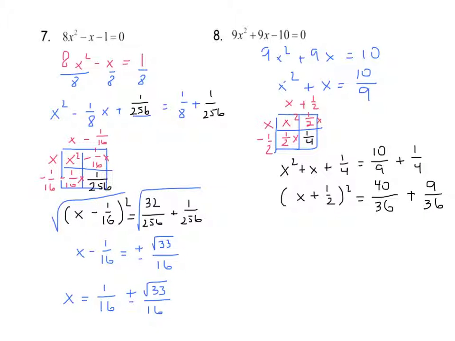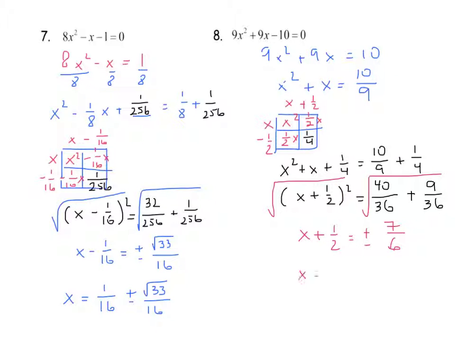So if I take the square root of both sides and combine the right-hand side, I will get x plus 1/2 equals plus or minus 7 over 6. So I need to subtract 1/2 or 3/6 from both sides.